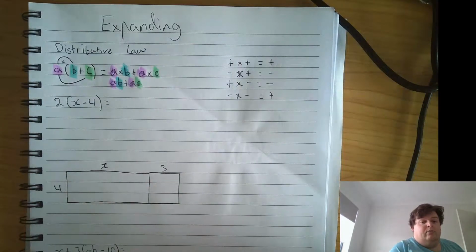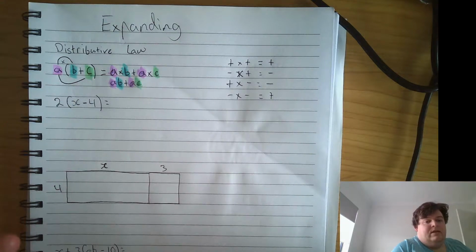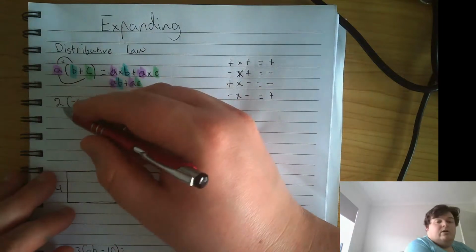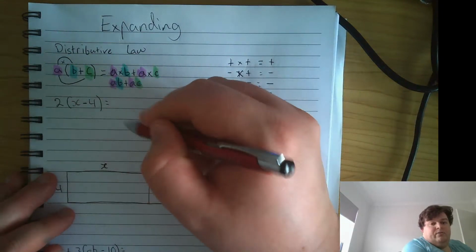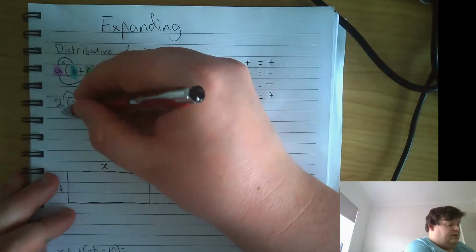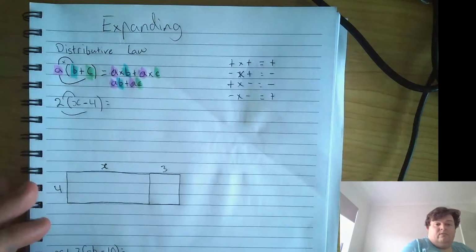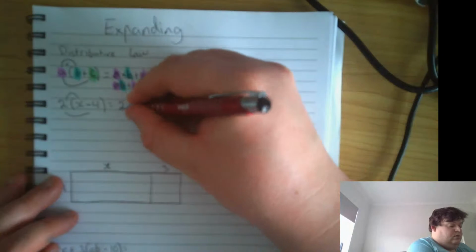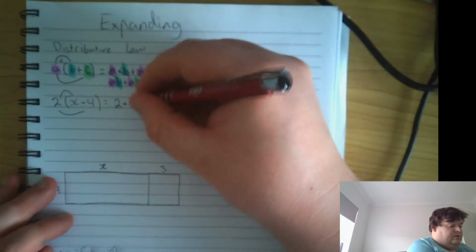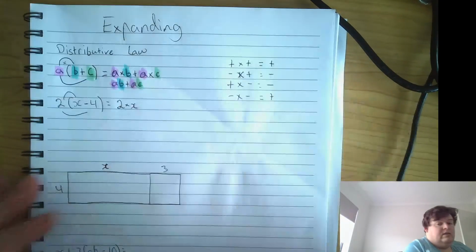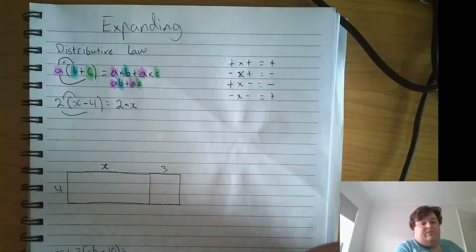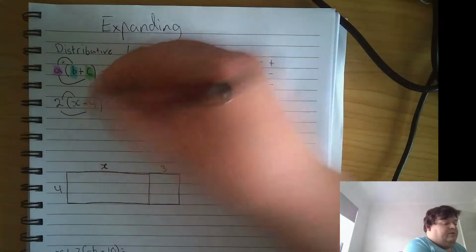So let's try with an actual example and see how that goes. I'm going to follow the exact same process here. So I've got 2 multiplied by x minus 4. Again, I'm going to do 2 times x and 2 times minus 4. So I have 2 times x, and what I should get into the habit of is leaving this value in the middle here.